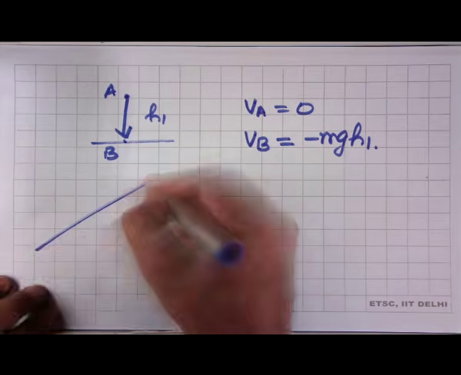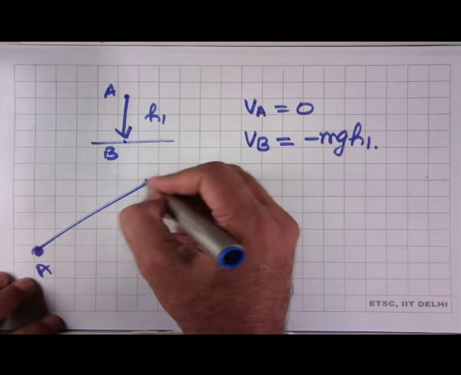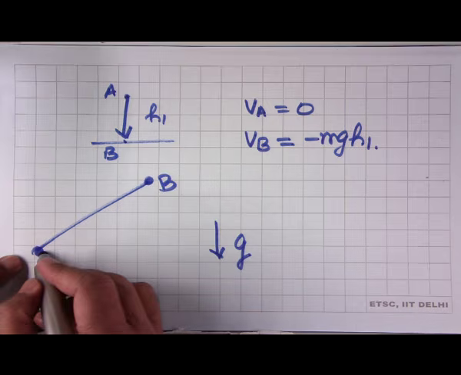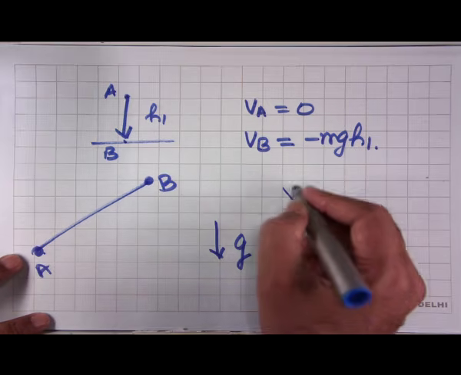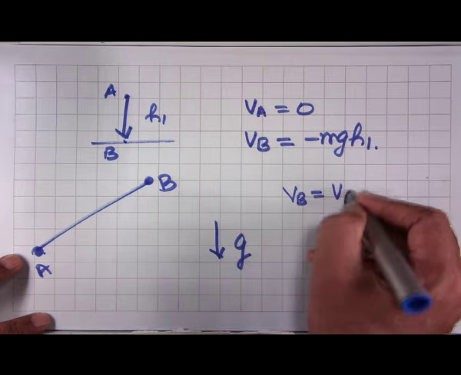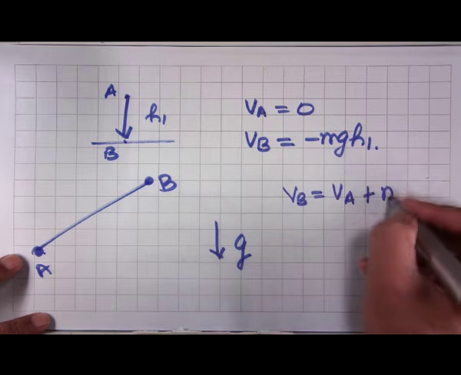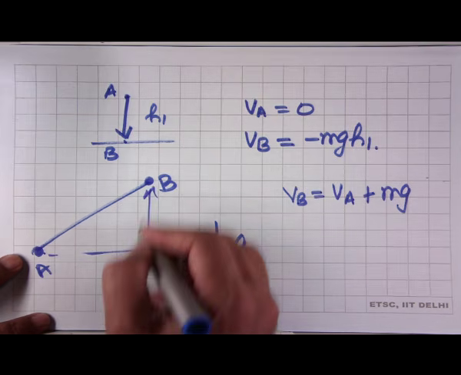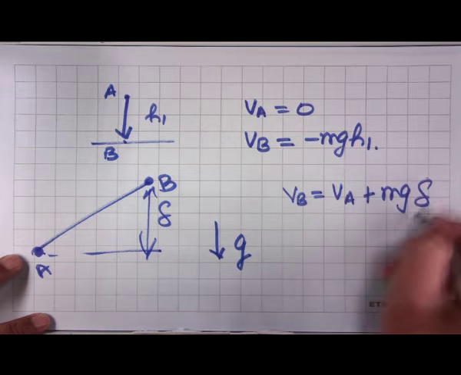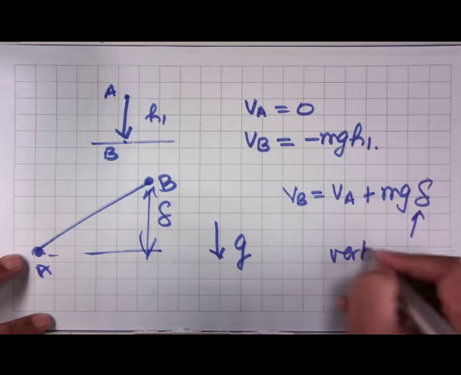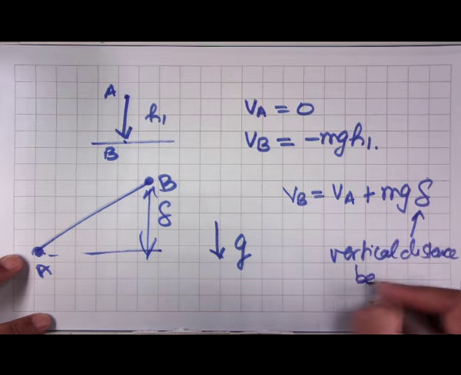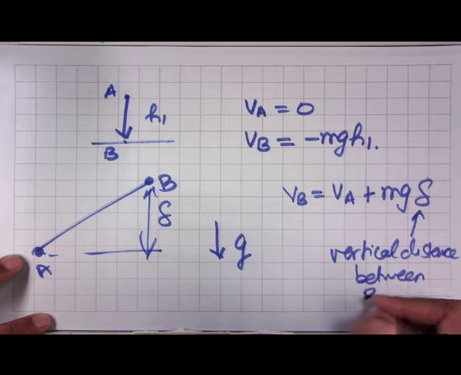And if suppose the 2 points A and B are like this, and this is the direction of gravity, then what we have to do is calculate Vb is equal to Va plus mg times delta, where delta is the vertical distance between B and A.